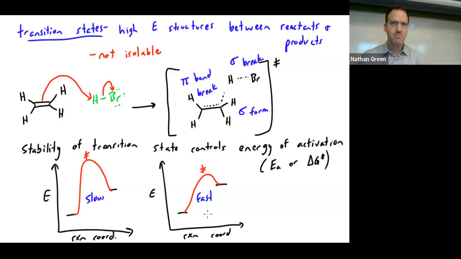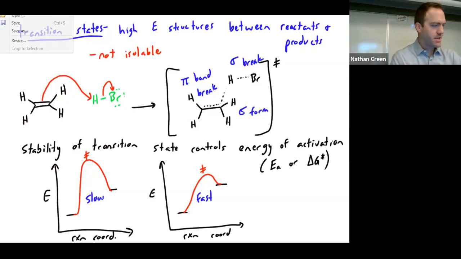That makes sense, Gen Chem students? Does everybody remember this from Gen Chem? Or remember being tortured by it in Gen Chem at least? Okay. That's transition states. I don't know why I can't say that word today.